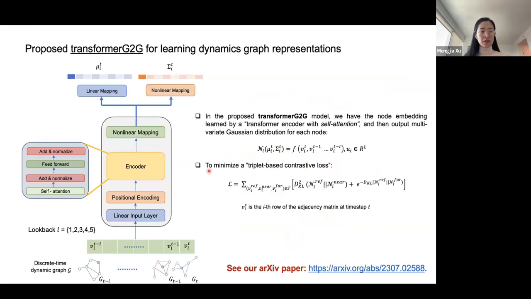And here we propose the TransformerG2G approach to learn the temporal dynamics for graph representations. There are several other papers using transformers for learning temporal graph embeddings, but I think we use them in different ways.